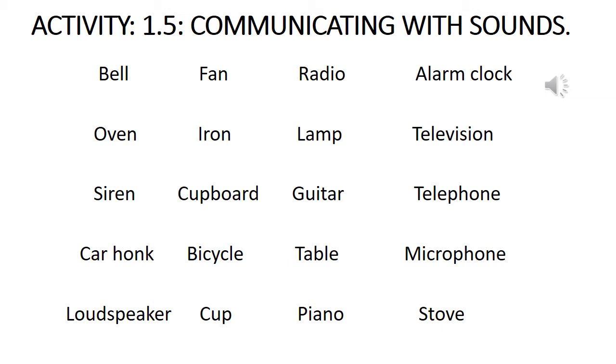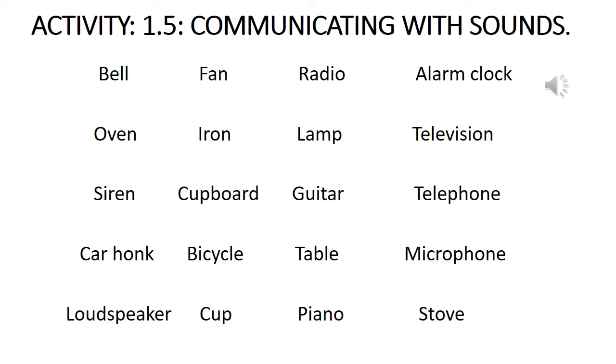In the first one, we have 4 options: bell, fan, radio, and alarm clock. Bell. Do you think we can use a bell to communicate with sounds? A bell produces a sound, but we cannot use it to communicate with someone, right? And fan. We cannot communicate with a fan.